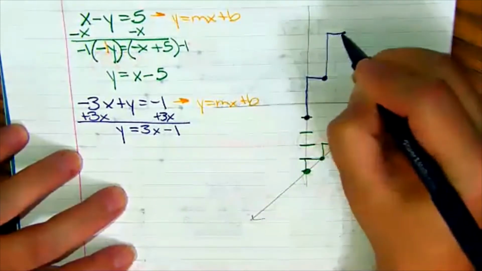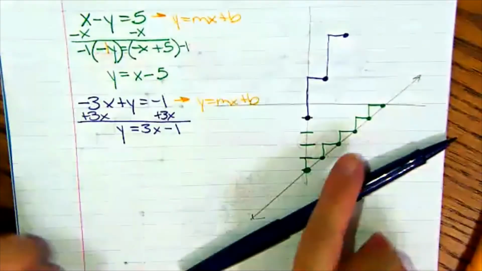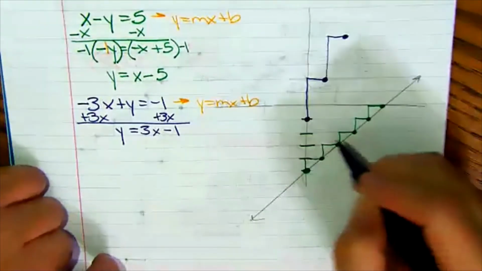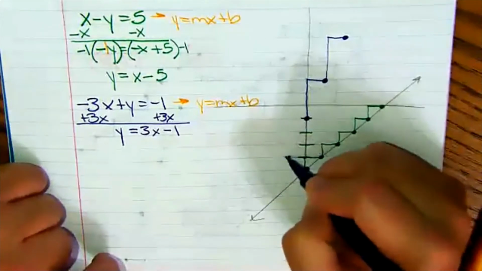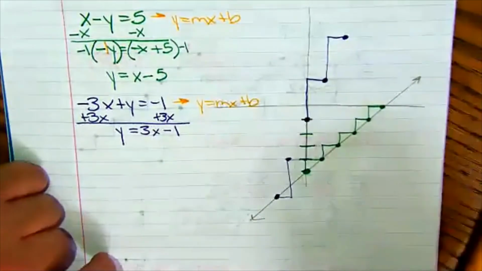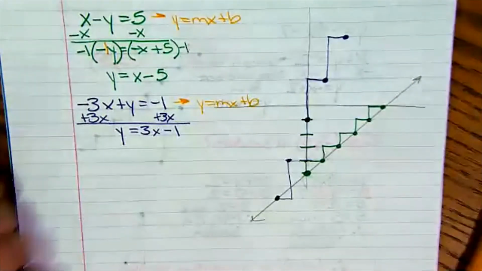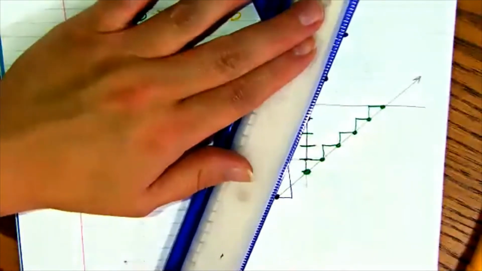Up 3 over 1. The further up I go, the further apart my lines go. So let's try switching it. Down 3 over 1. Down 3 over 1. Oh, look at that. Let's connect our points.